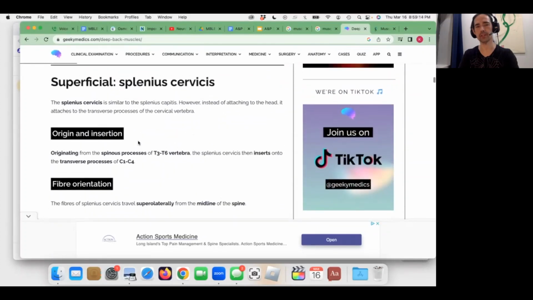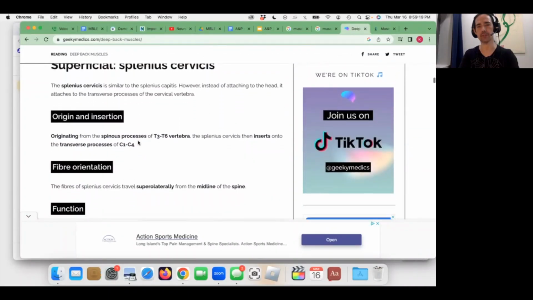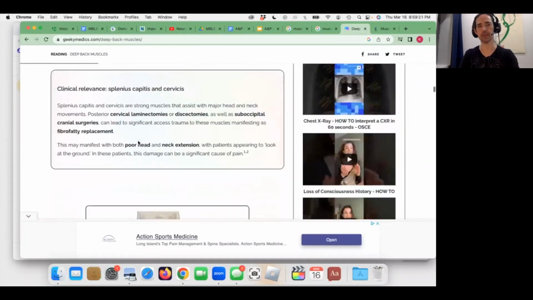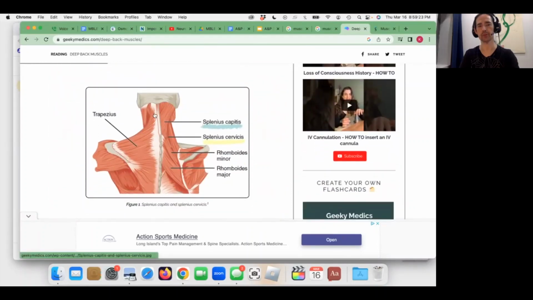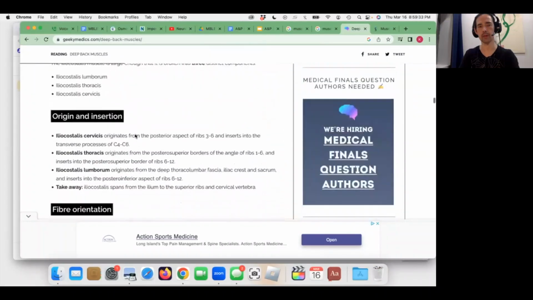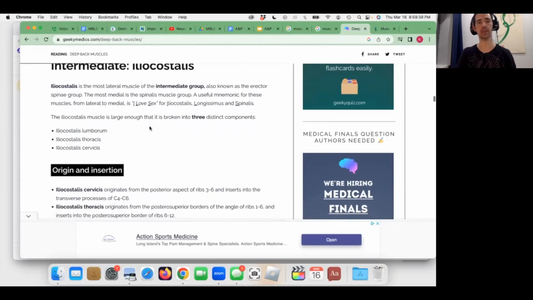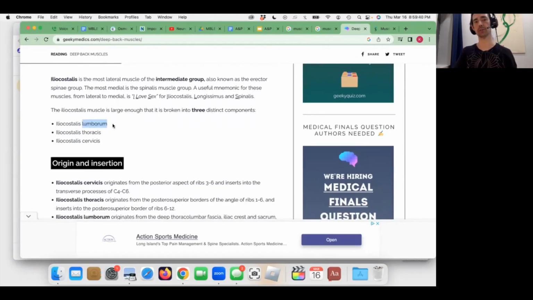So they're listing the splenius capitis and the splenius cervicis muscles as superficial. That's fine. So regard those as superficial along with the trapezius muscle. And then in the middle layer, you have the iliocostalis, which includes 3 sections, the one in the low back, the one in the thoracic spine, and the one in the neck: the iliocostalis lumborum, thoracis, and cervicis.